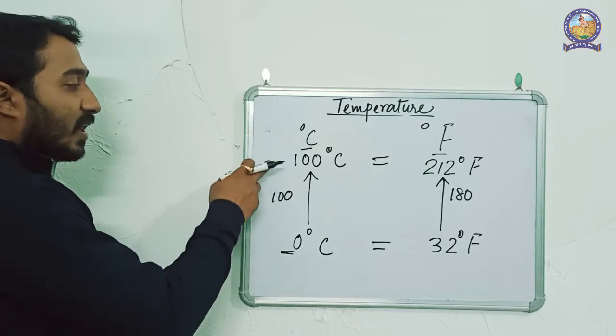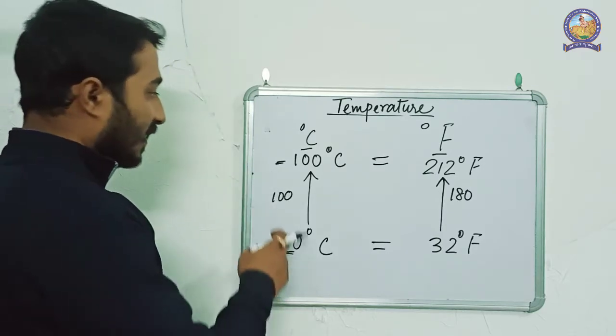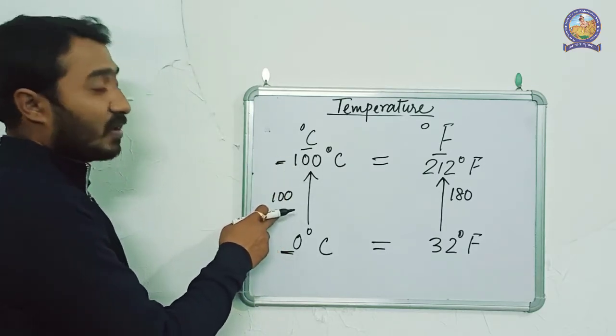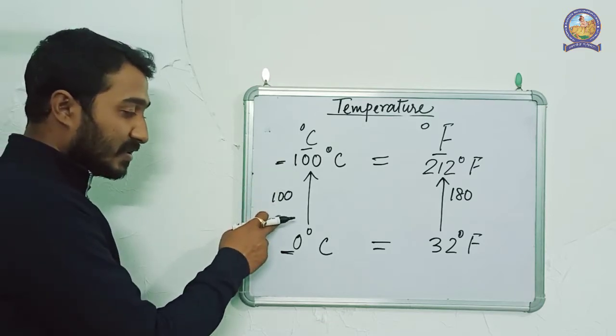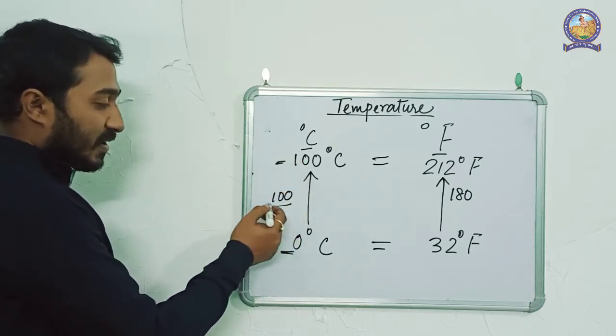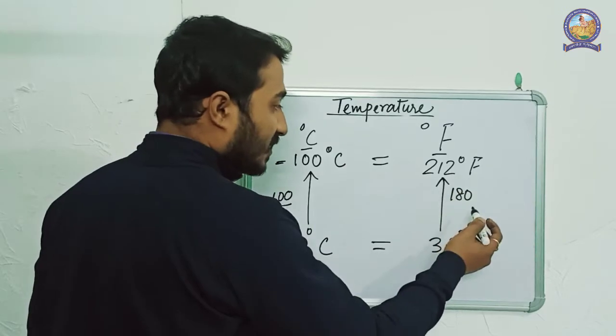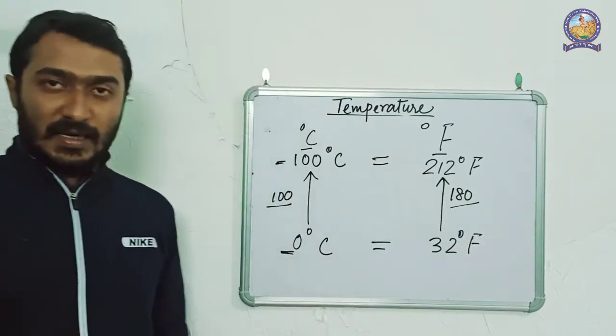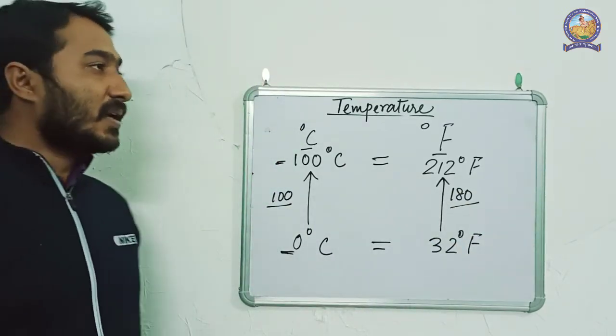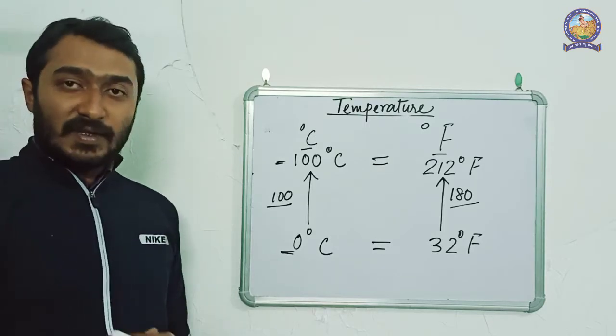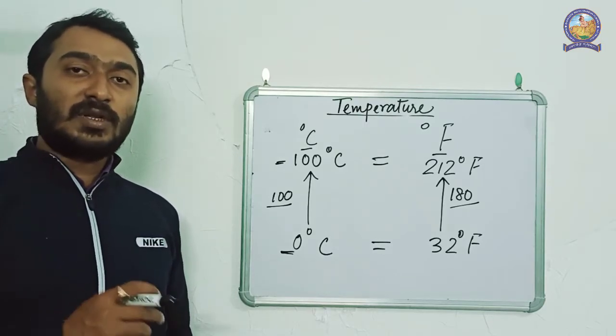The gap in the Celsius scale is 100 gaps and in the Fahrenheit scale there are 180 gaps.